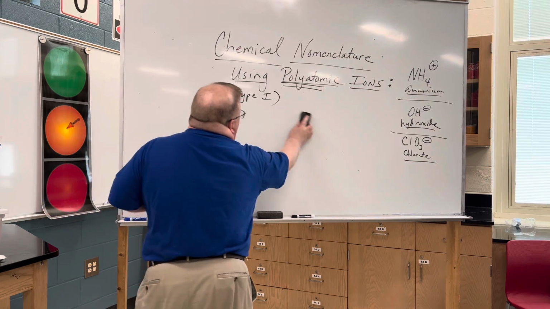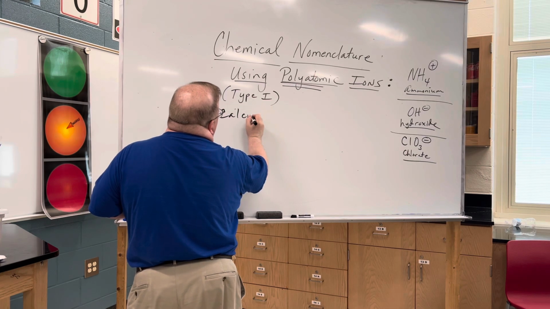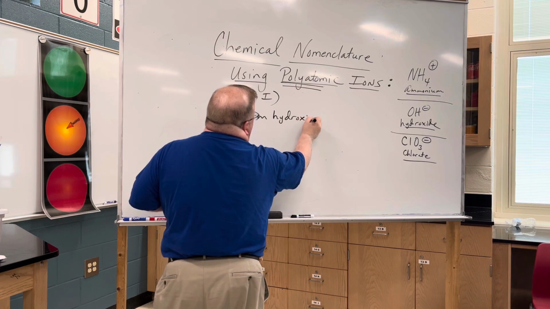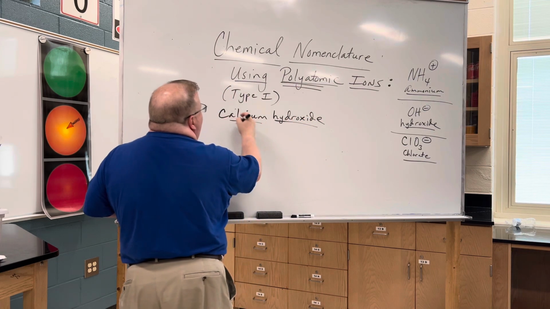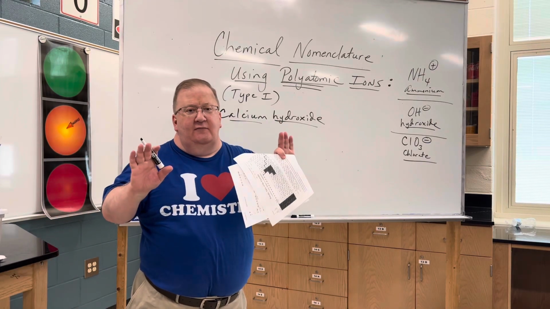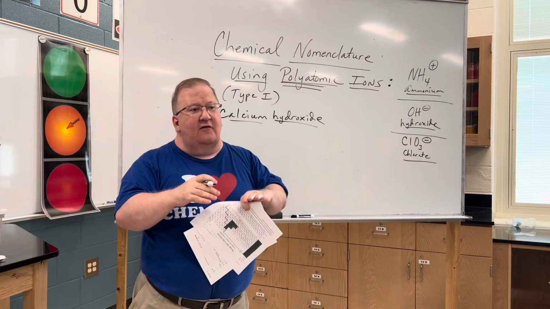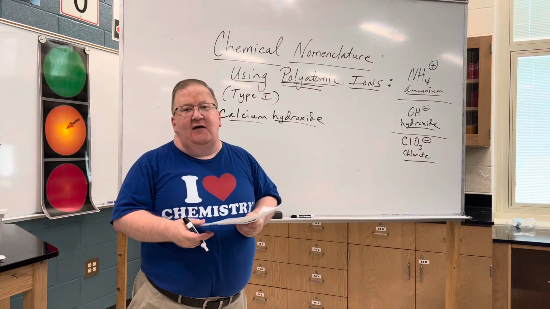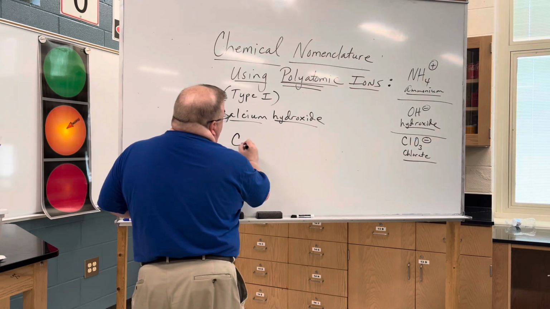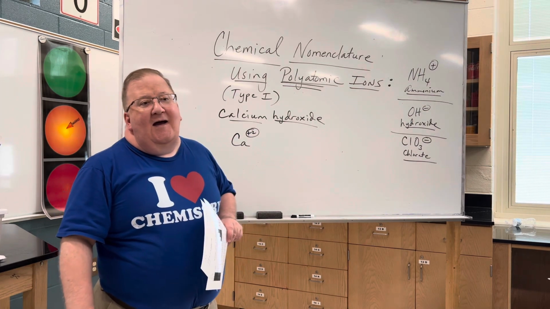All right, if we had calcium hydroxide, we said the first step is to write each symbol, then write the charge for each symbol, crisscross the charge numbers, and simplify whenever needed, all right? So we know calcium is Ca, and it's in group 2, so it's +2, all right?